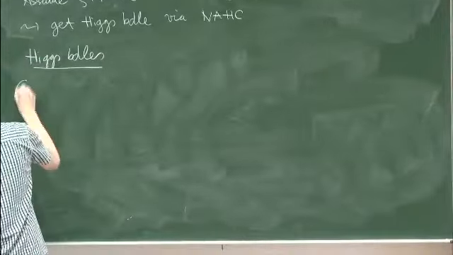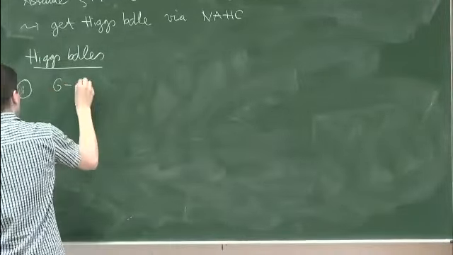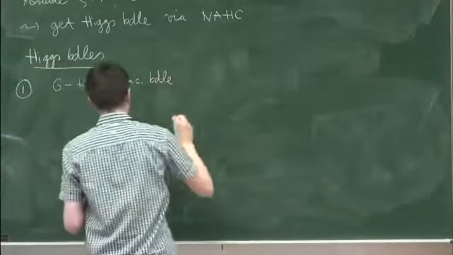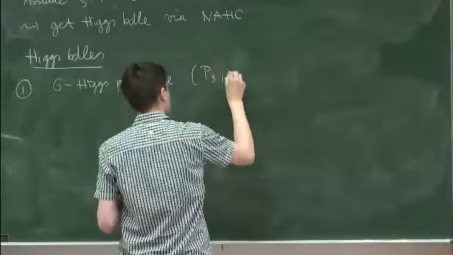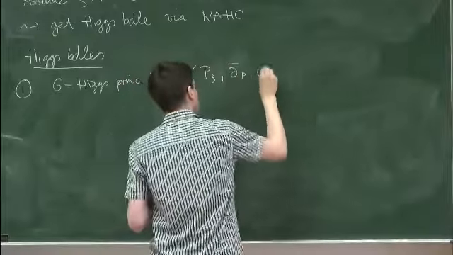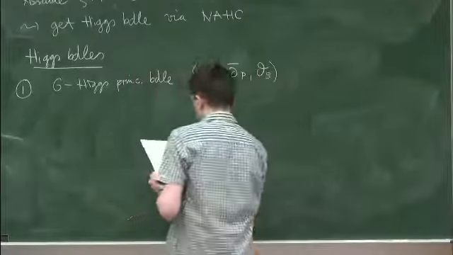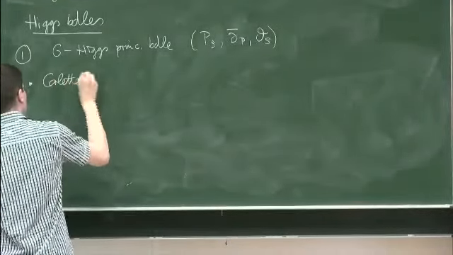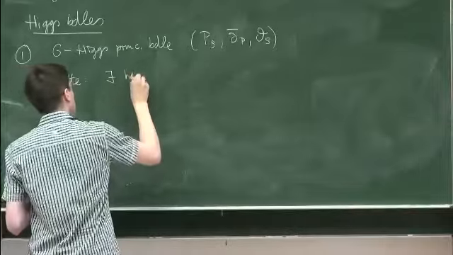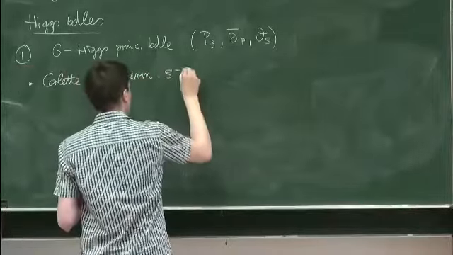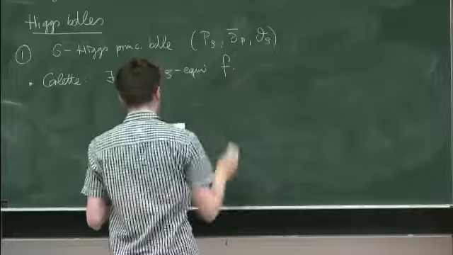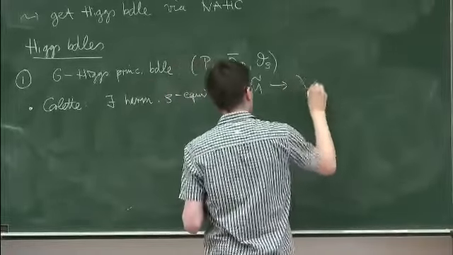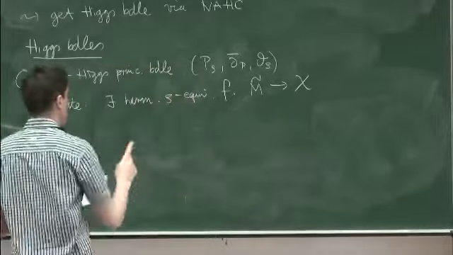So the first step is to construct what is called a G-Higgs principal bundle, which consists of a principal bundle, a holomorphic structure, and a certain section of a certain associated vector bundle. So first we need a result due to Corlette. He proved that there exists a harmonic rho-equivariant map F into X. So not just smooth like over there, but harmonic.